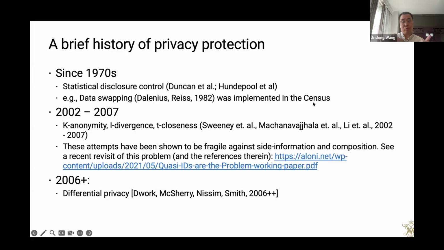Okay, like we want to get the aggregate information without explicitly telling you who you are. And back to 25 years ago, we had different measures like k-anonymity, l-diversity, t-closeness. I don't even know what that means, but you see these terms were developed to protect your sensitive information. Okay. And since the year 2006, differential privacy was invented by these four scientists.